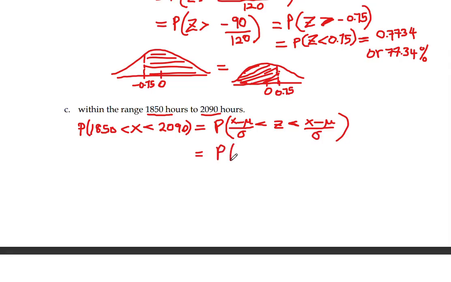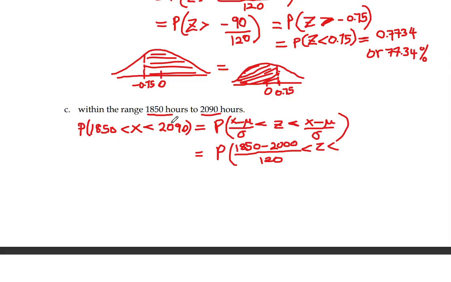So this will be equal to the probability. In the first place here, the x value is 1850. So I'm going to have here 1850 minus mu, we recall that the value of mu is 2000, divided by the standard deviation, which you will recall is 120. Keep the less than sign, keep the z value, keep this less than sign, and then we're going to substitute on the right hand side in relation to the 2090 as we previously did for the 1850.